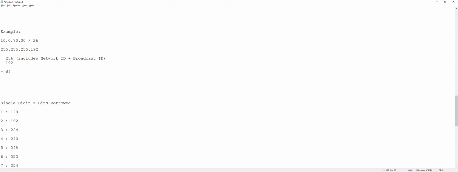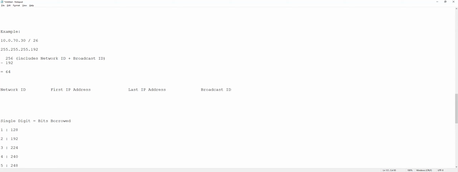And this is going to give you 64, which is the interval. Now let's do the calculation, okay? The first thing is always going to be the network ID, followed by the first IP address, followed by the last IP address, and followed by the broadcast ID.